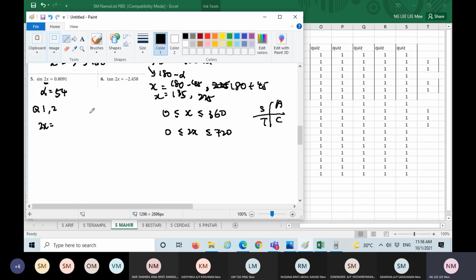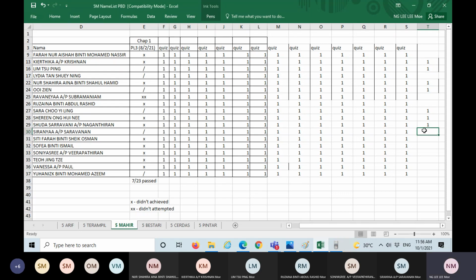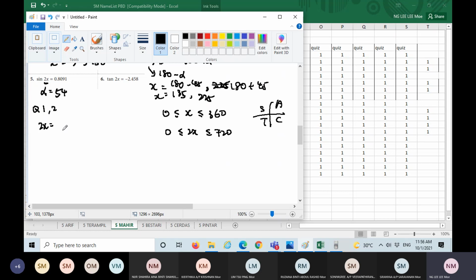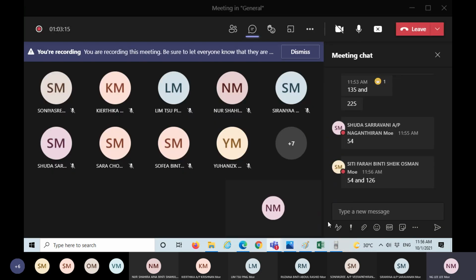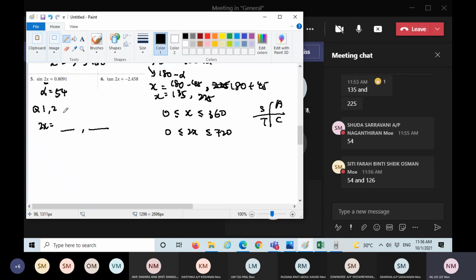What is my 2x for the first two answer? Which is in the first and the second quadrant. Very fast, you see. 54. Second quadrant 126, which is 180 minus 54.